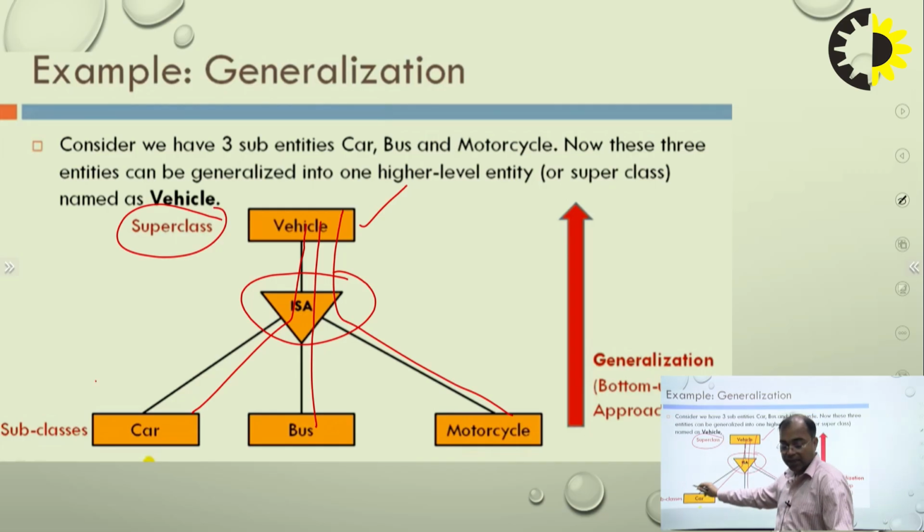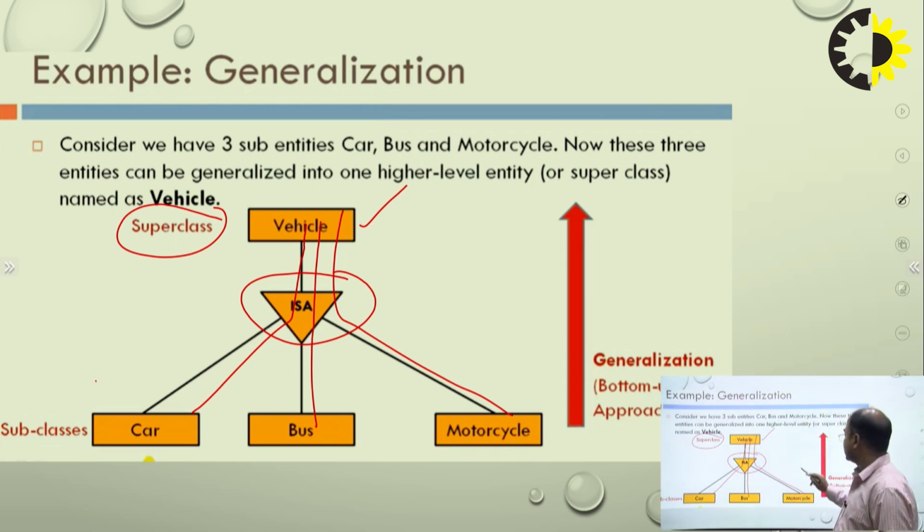This is the relationship between the vehicles superclass and its subclasses. So it is a generalization process, and it is basically a bottom-up approach. This is another example, and now it is very clear what the generalization process is. Clear?